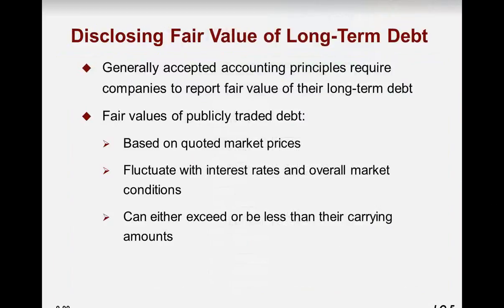And then disclosing the fair value of long-term debt. Generally accepted accounting principles, or GAAP, require companies to report the fair value of their long-term debt. Fair value of publicly traded debt, based on the quoted market prices, fluctuates with interest rates and overall market conditions, and can either exceed or be less than their carrying amounts.